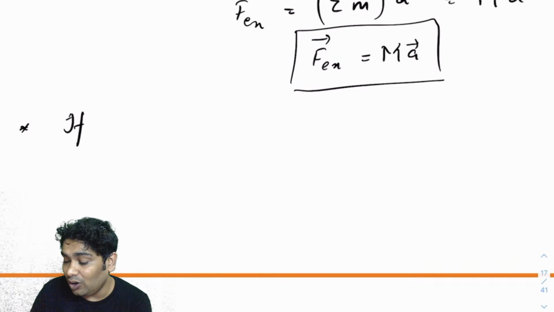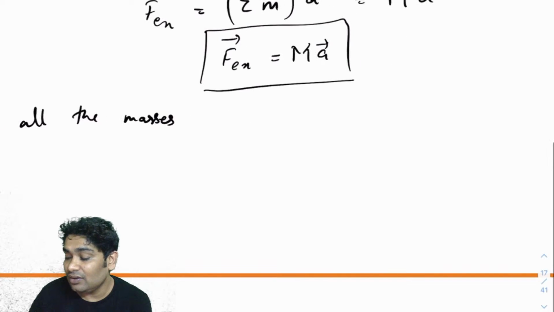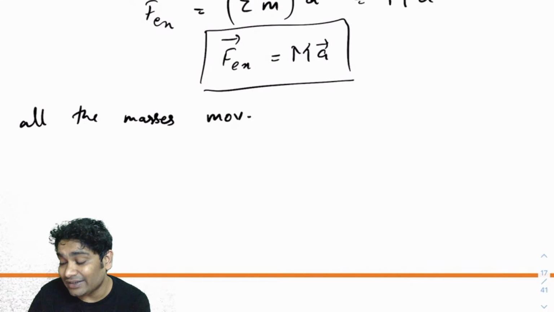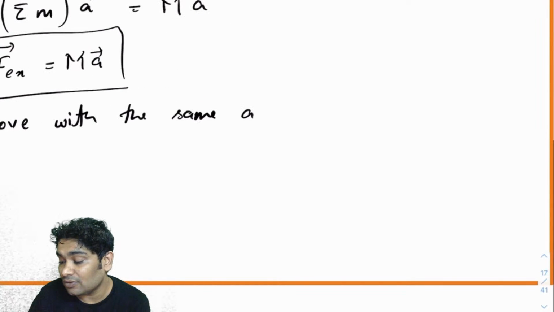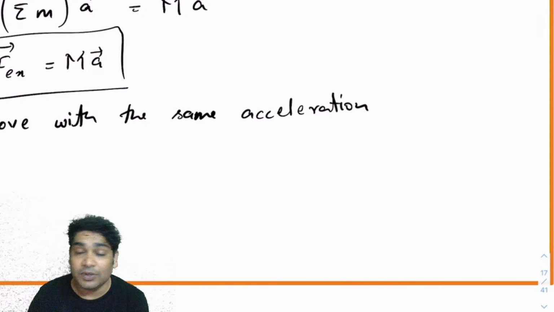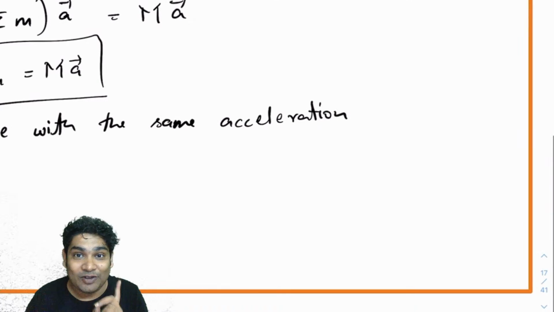If all the masses move with a single acceleration, the same acceleration, trust me, you need to understand this right away because this is going to be the basis of a lot of tricks.